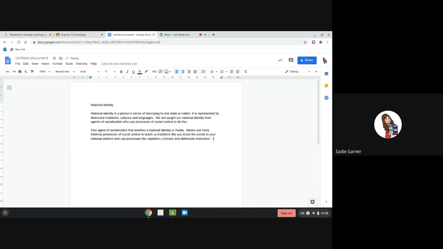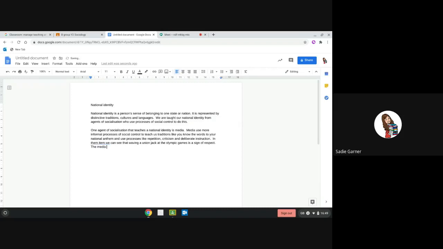In the item, we can see that waving a Union Jack at the Olympic Games is a sign of respect.